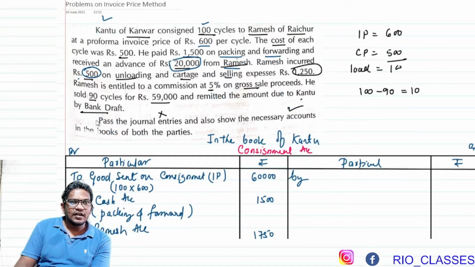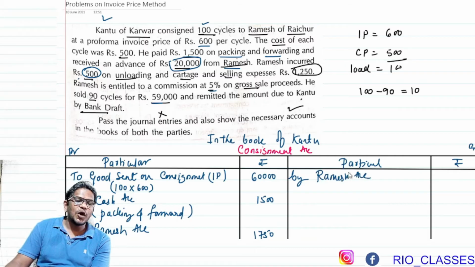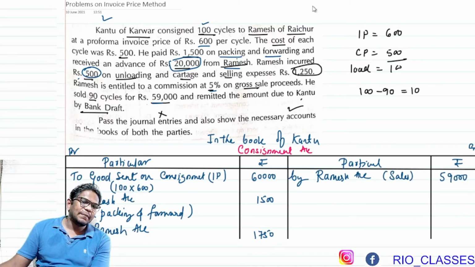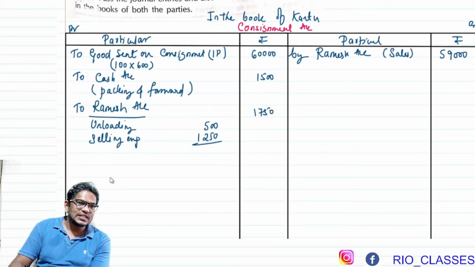Next, Ramesh is entitled to commission, 5%. For how much has he sold? He has sold 59,000 by Ramesh account. Since in this problem we don't have any abnormal loss, simply take it as sales, 59,000. On the sales we should always give commission to the consignee.